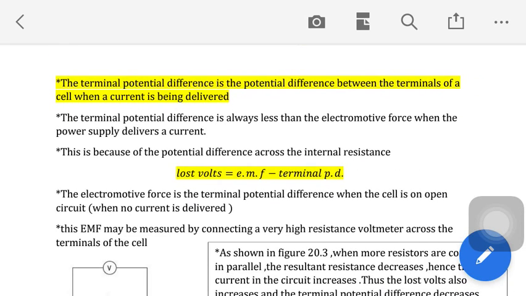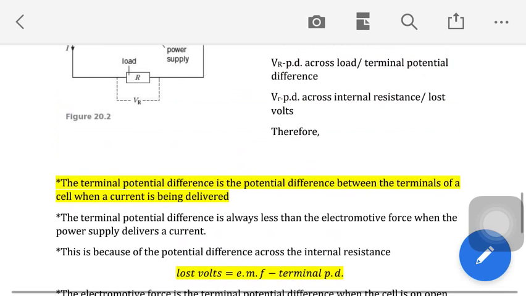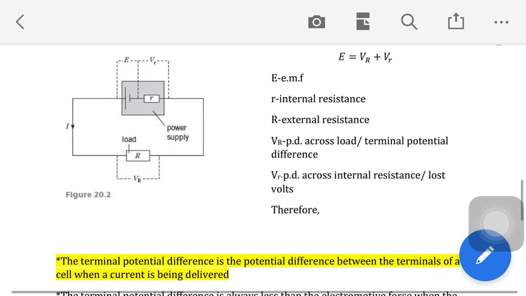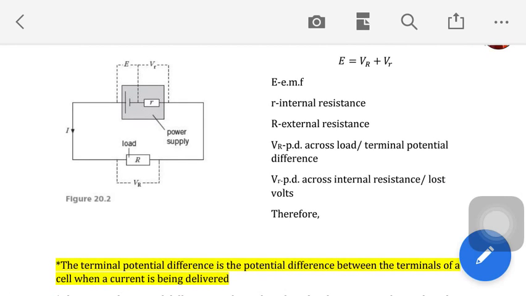Now the thing is, for a potential drop to happen, there are two necessities. One is, yes, there should be a resistance, but at the same time V is equal to IR, so if there is no current, then there will not be any potential drop, right? So in this equation, E is equal to VR plus V small r.